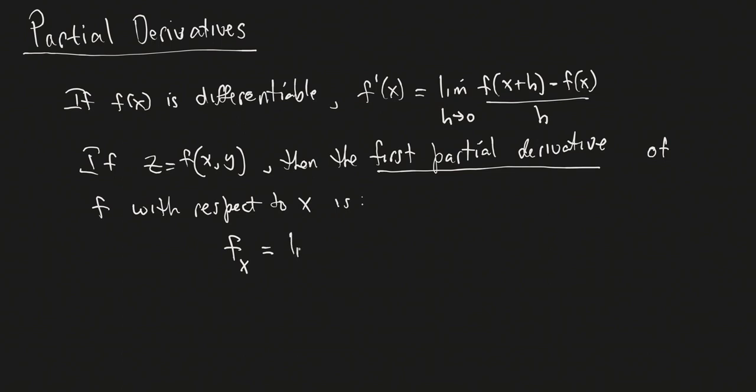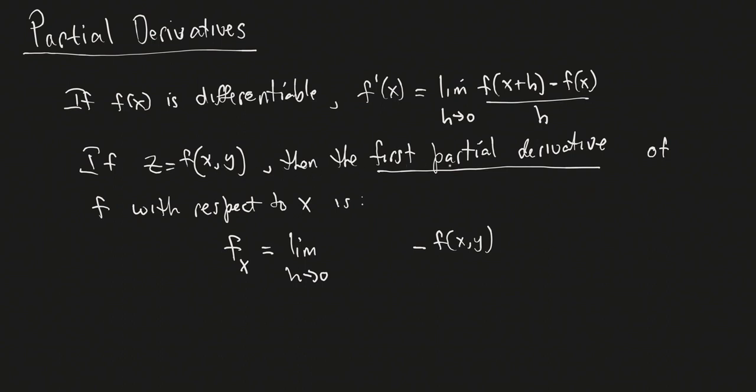We are still going to have a limit as h approaches 0, right? We love those limits as h approaches 0. Now, this part of it is going to be replaced with f of x, y. So let me put that there. So minus f of x, y. So that part just translates over. Now, this part is a little different because here we had only one independent variable. Now we have 2.